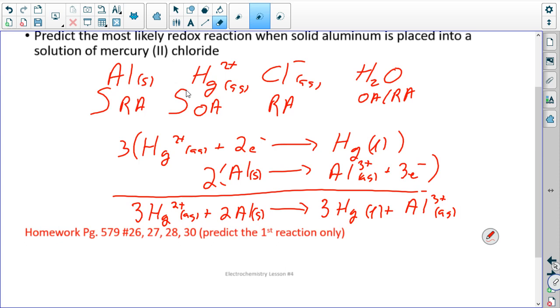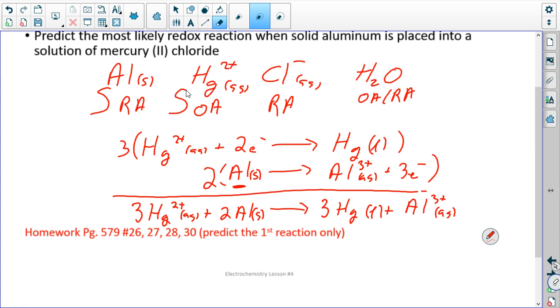While you're writing that, what would you see as this reaction progresses? What evidence would you see as this reaction progresses? Well, I've got aluminum solid here, and I don't have aluminum solid on that side.